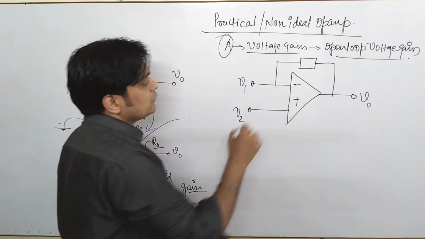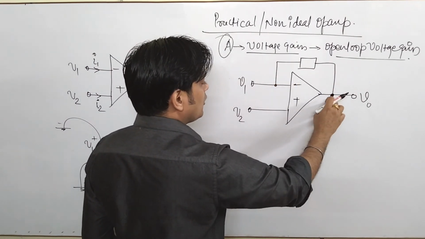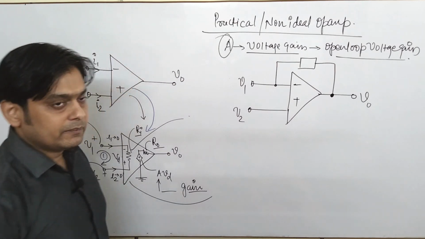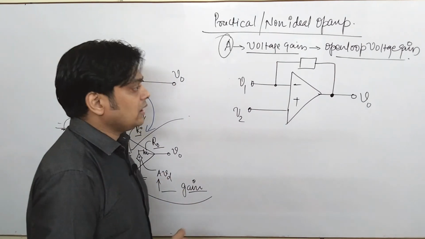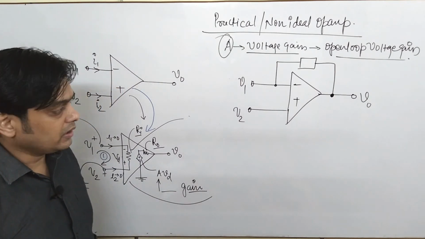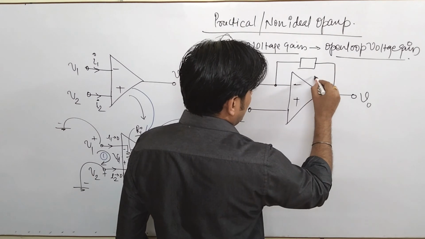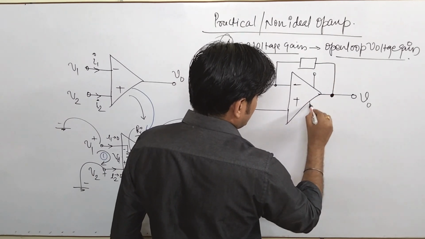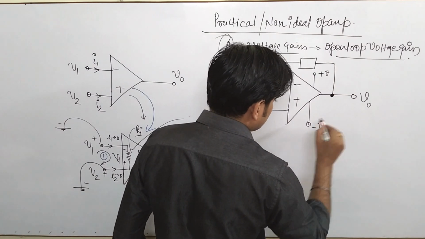So what we'll do, we will connect the output to the input through a feedback, and we'll try to control the output parameter. And in this condition, it is required that the op-amp must be powered by some voltage.